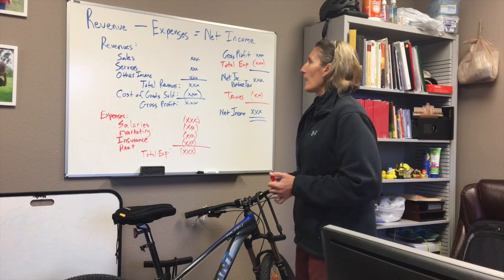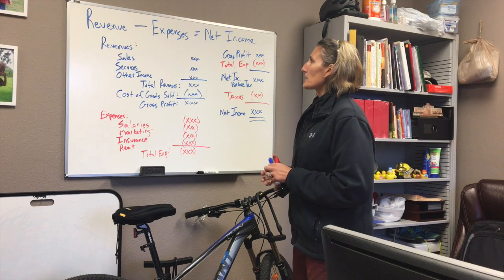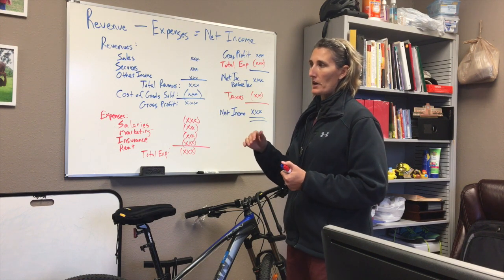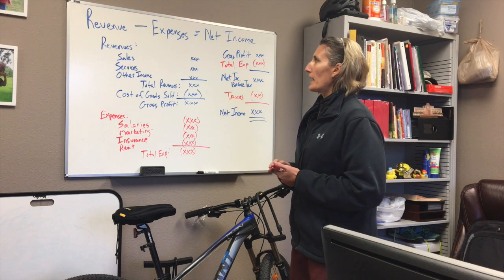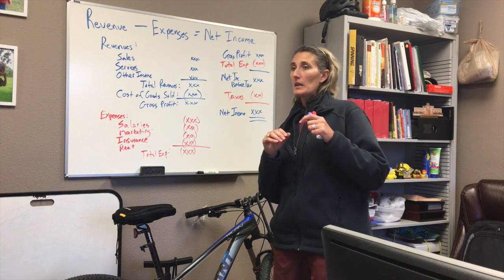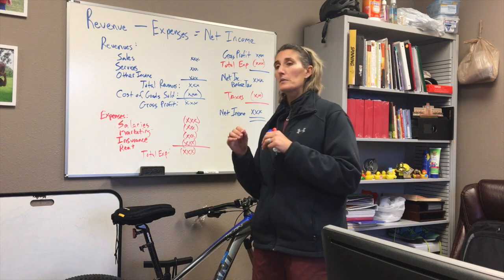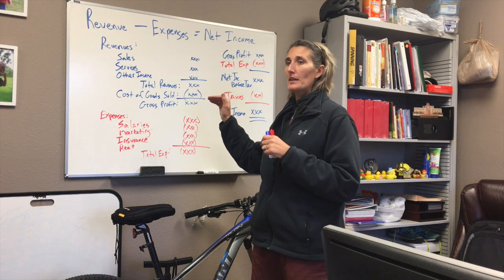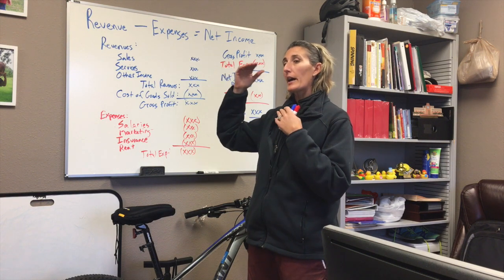Okay. All right, so the second financial statement that a lot of companies look at, and it's critically important to monitor, is the income statement. The big difference between a balance sheet and an income statement is that a balance sheet is one point in time. An income statement is usually covering an entire period.